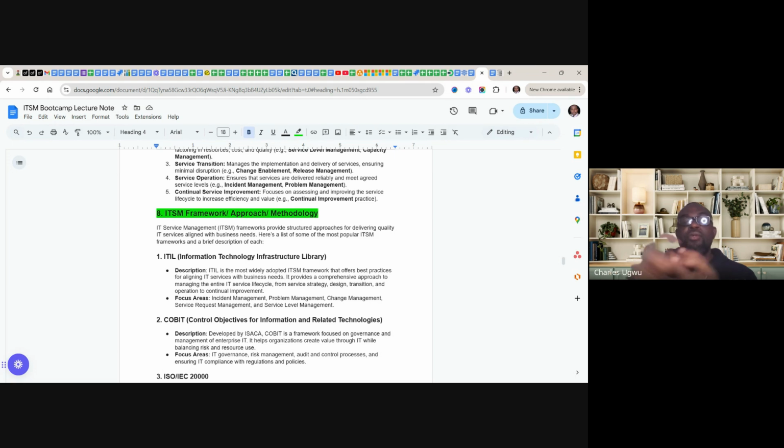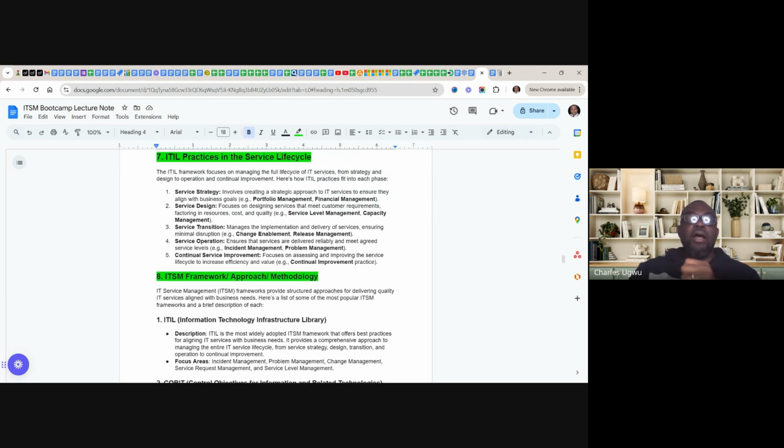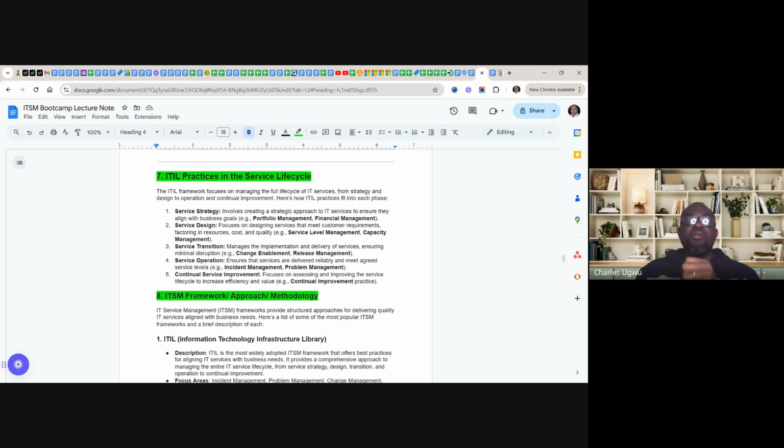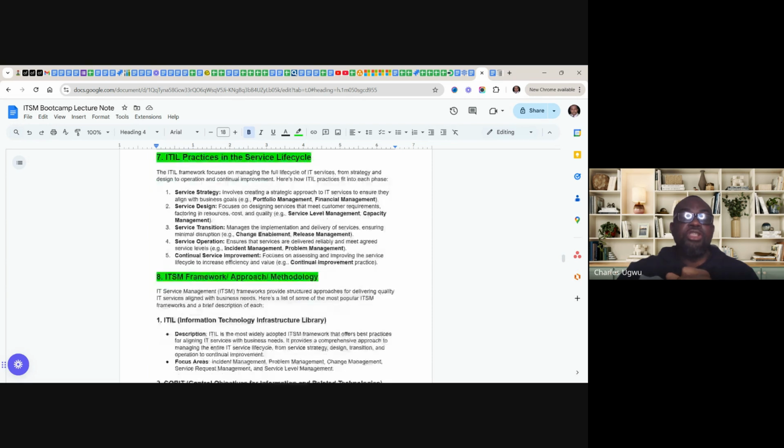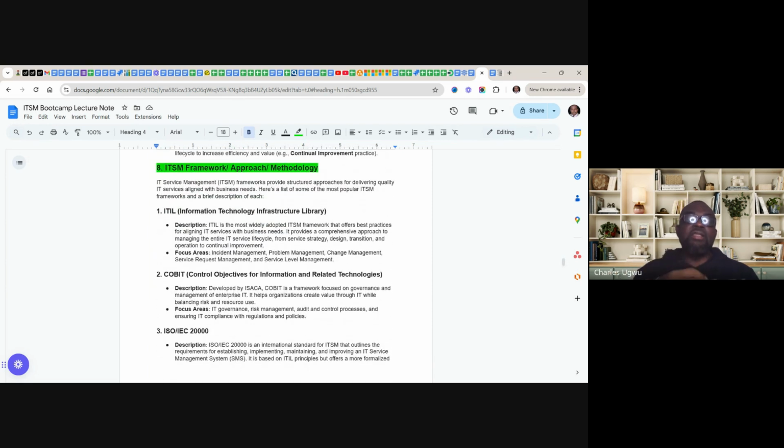By now, we have seen how we can use this life cycle to package an IT service for any kind of organization. So under ITIL, ITIL is the most widely adopted ITSM framework that offers best practice for aligning IT service with business need.